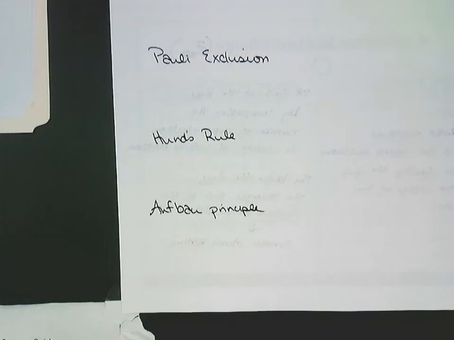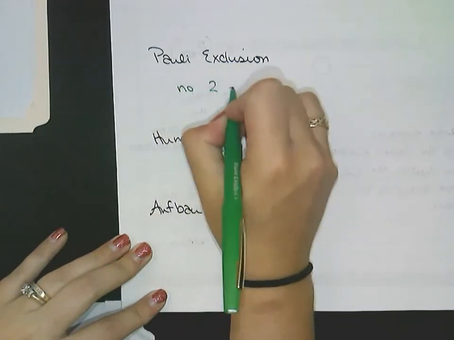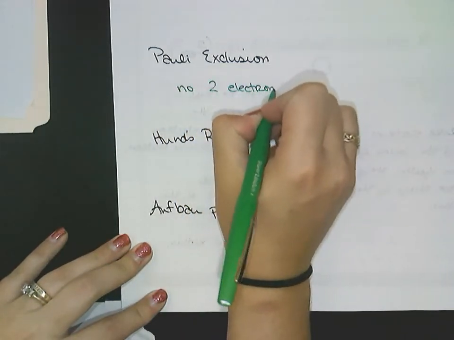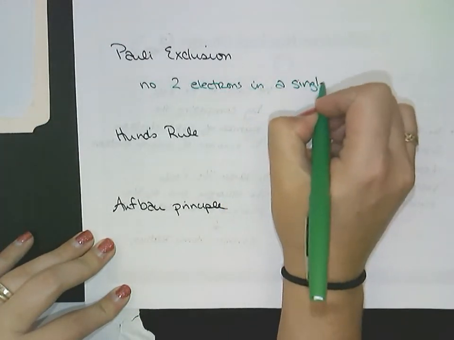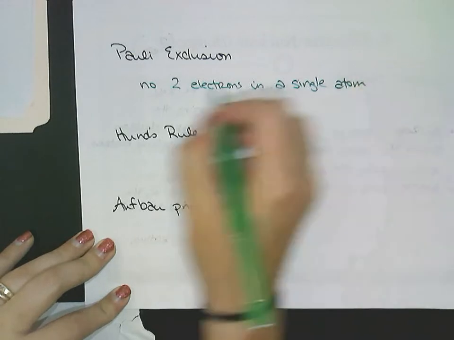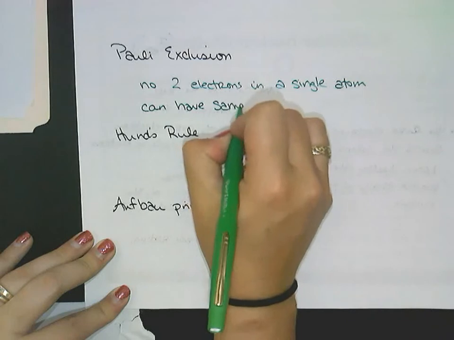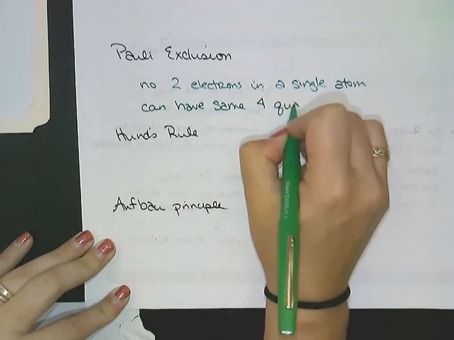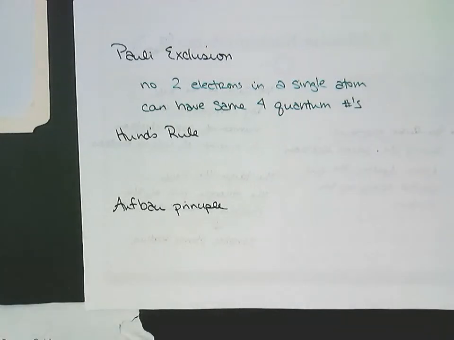The Pauli exclusion principle is the one that kind of rules the other ones. Pauli exclusion says no two electrons in a single atom can have the same four quantum numbers. That's the one that guides all of our other answers.